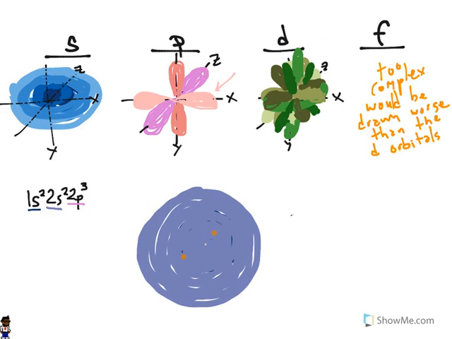So we know that as we get closer to the nucleus, there's less likeliness of seeing the electron, and as we get farther away, we're more likely to see it. So here we know that we have a p orbital along the x-axis. Mind you, we don't just draw it over the sphere because I want to show you how they're overlapping each other. So we have this 2s and 2p orbitals that are within the same region of space, but the 2p and the 2s are sharing some of that space.